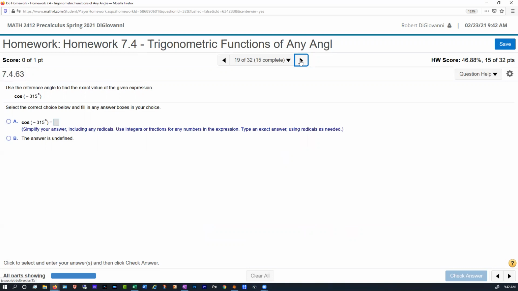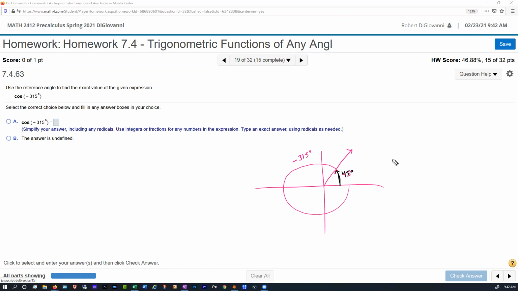Okay, let's do this one. Reference angle, -315 degrees. So -315 takes us over here. It's almost -360, so we would need to go another 45 degrees. So a reference angle would be 45 degrees.